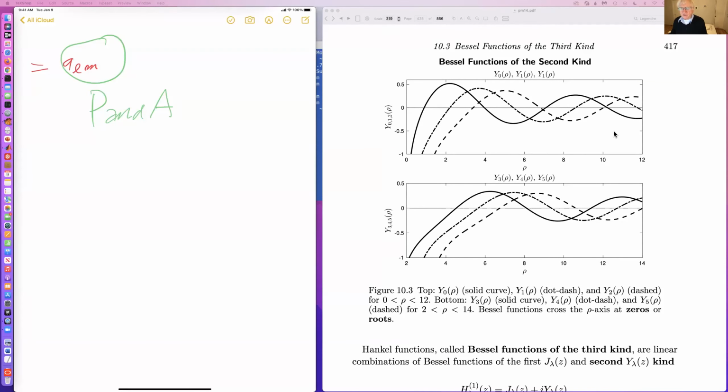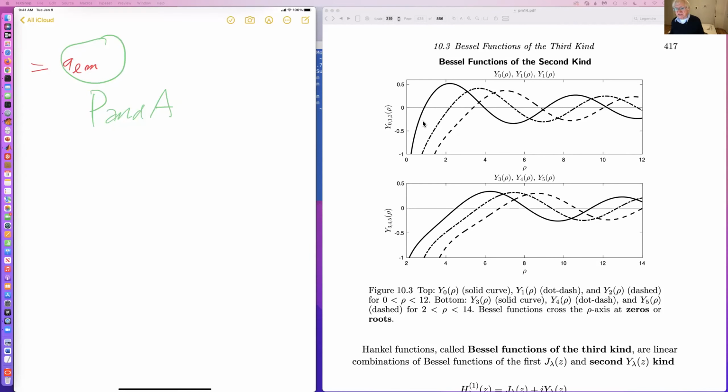When do we need these? Well, we need these if we're dealing with a problem in which either the physics is infinite at the origin, or rho equals 0 is not part of the problem, in other words, it's not in the physical region.